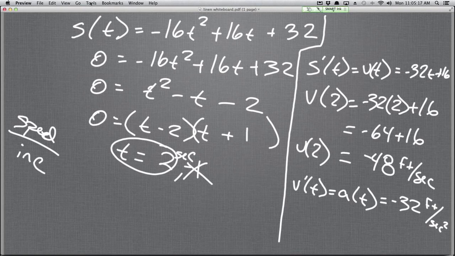Okay, now here's the next question. Listening closely, is my velocity ever positive? Yes.